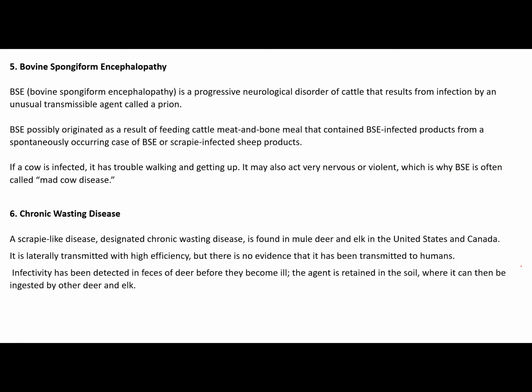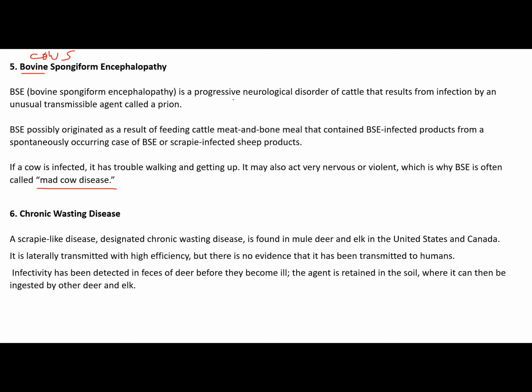Then we have the most known prion disease, class, bovine spongiform encephalopathy. Now, bovine spongiform encephalopathy is also known as mad cow disease. Right, when you say the term bovine, it refers to cows. Now, this is a progressive neurological disorder of cattle that results from infection by an unusual prion.